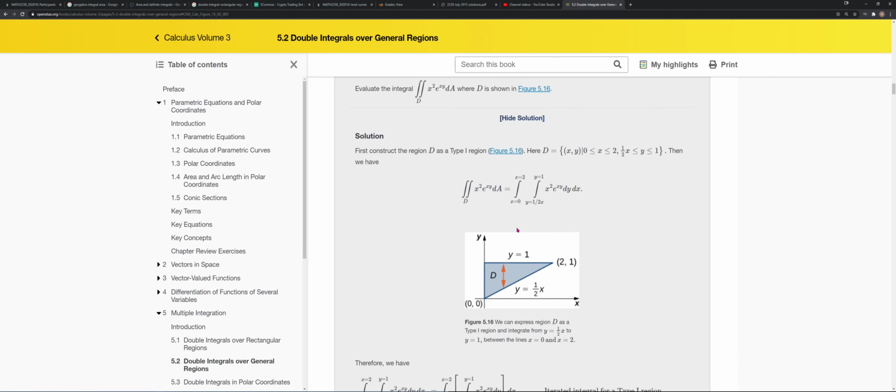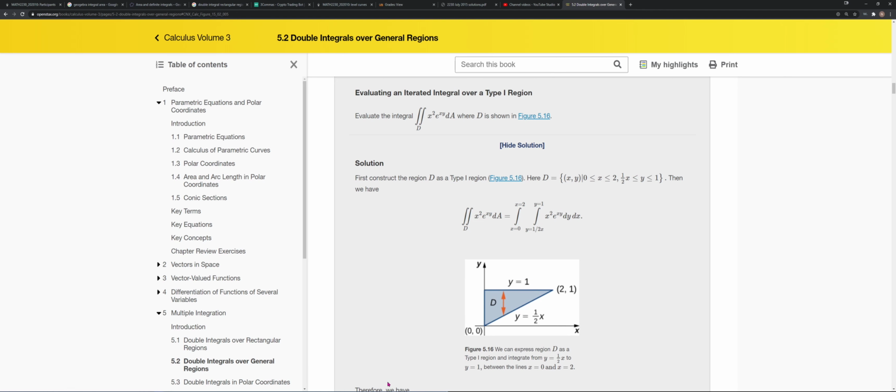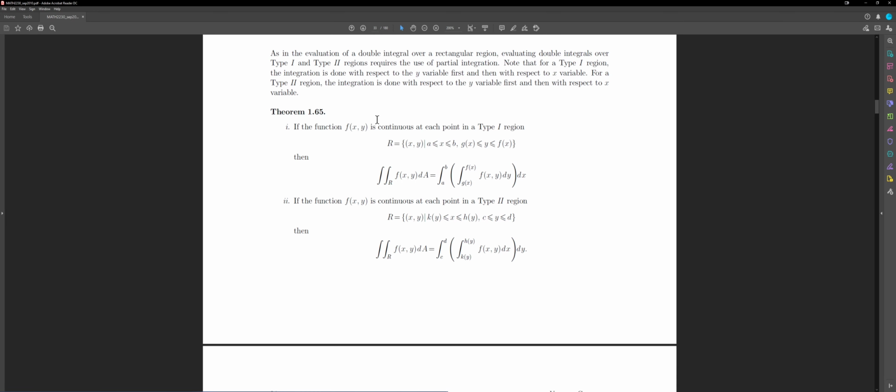So how do we evaluate a double integral over a type 1 region? You use this formula over here, which is similar to the Fubini's theorem that we saw a little earlier. To evaluate a double integral, you integrate with respect to y first, then with respect to x.